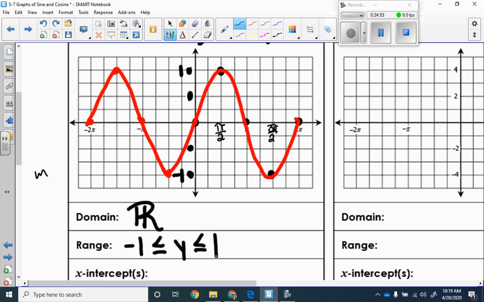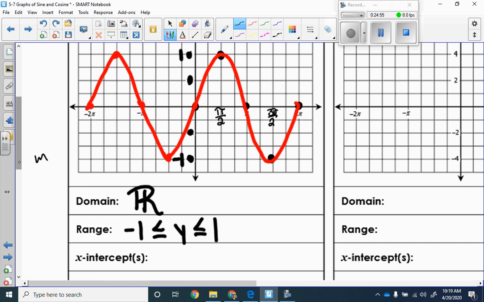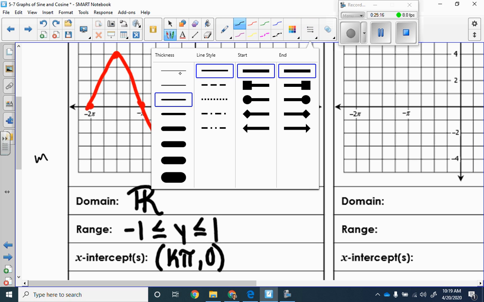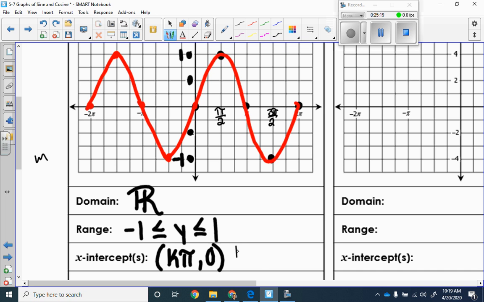Our x-intercepts, you will notice that we are crossing the x-axis at multiples of pi. So I'm going to put here k pi, comma 0. And the one thing here with your k values is that k is any integer.